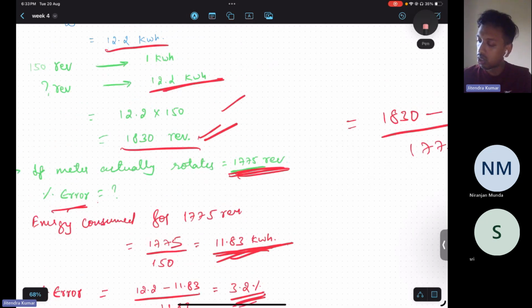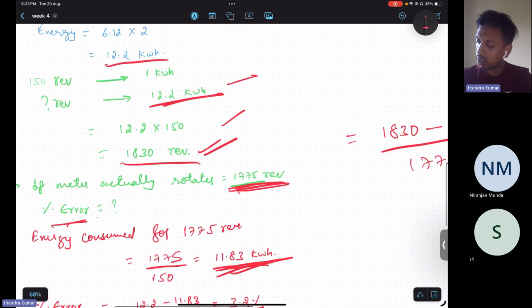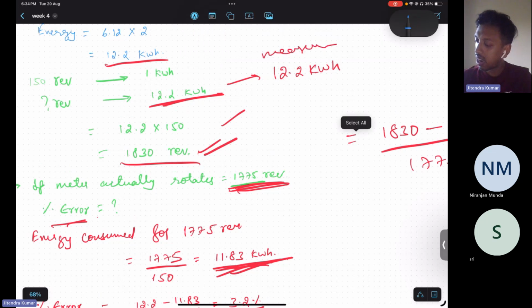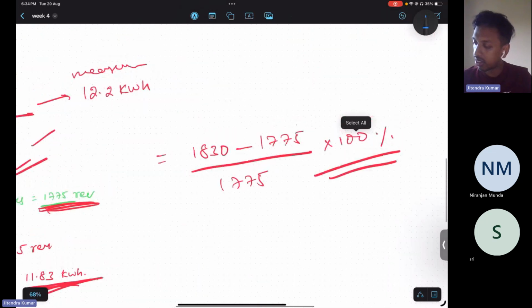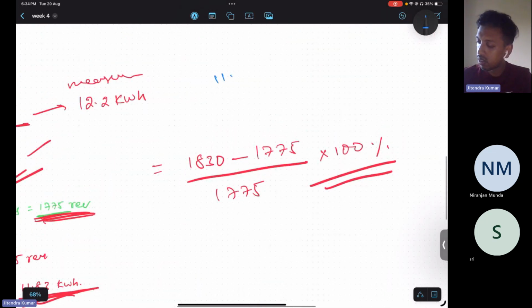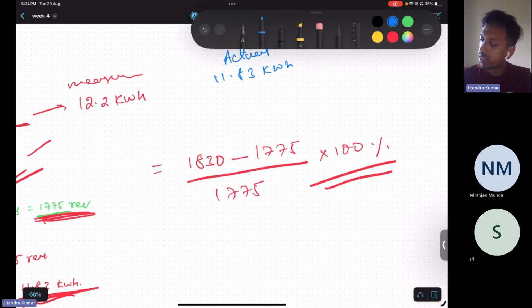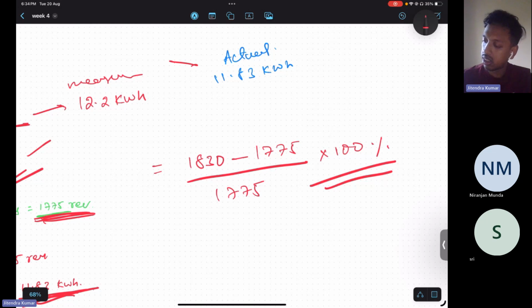This 12.2 kilowatt hour is the measured, and the actual is 11.83 kilowatt hours. So measured is higher than actual.